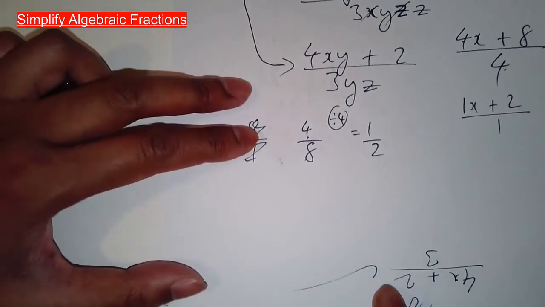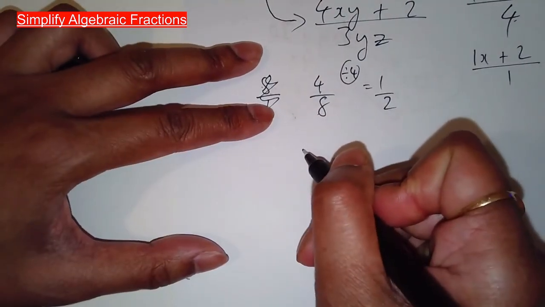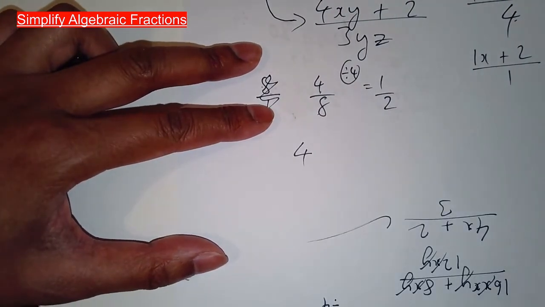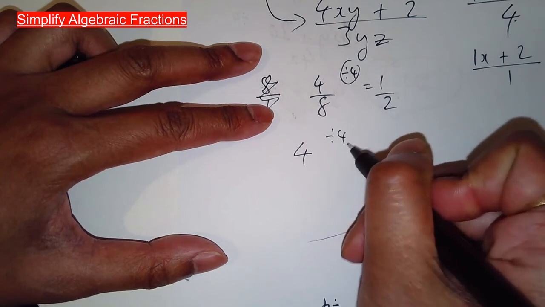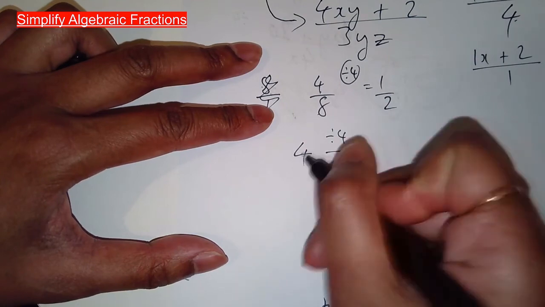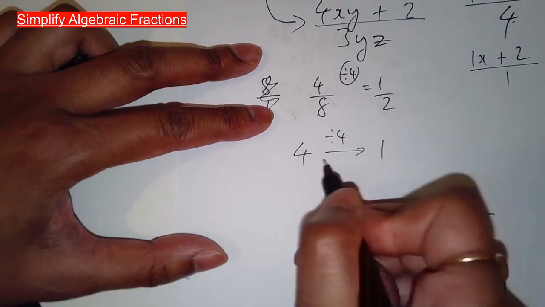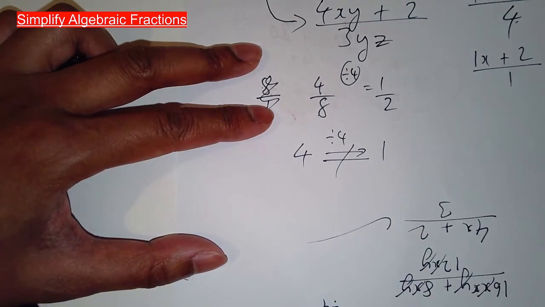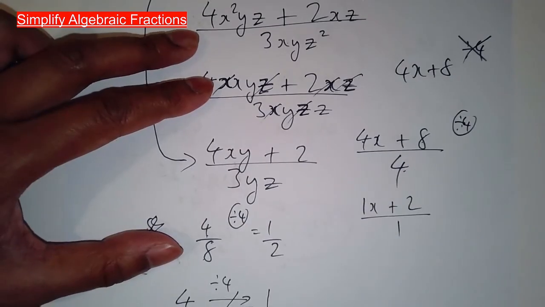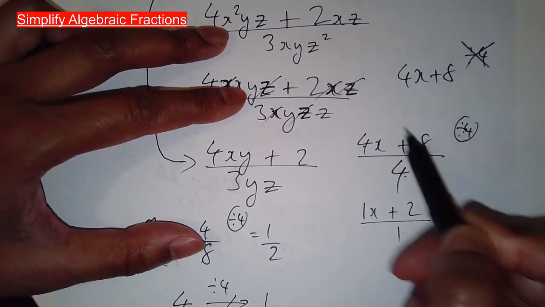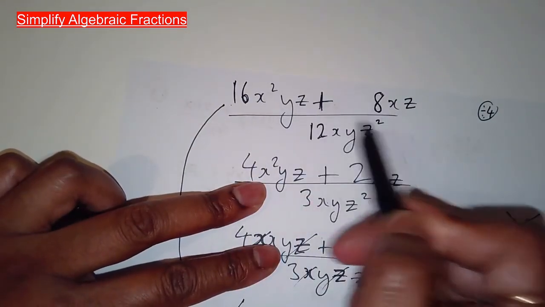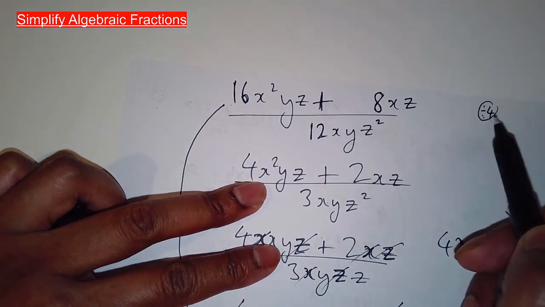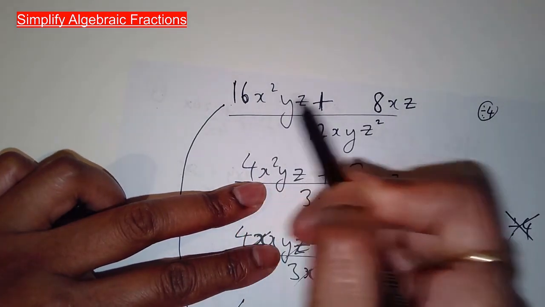But if we just had a number by itself, just a 4, it's not even a fraction. So why would you want to divide by 4 and make it into a 1? 4 divided by 4 is 1, and 4 is not equal to 1. That wouldn't make sense. So remember, if it's a fraction, like here, we had a fraction, that's why we were looking for something that's common to all 3 parts.